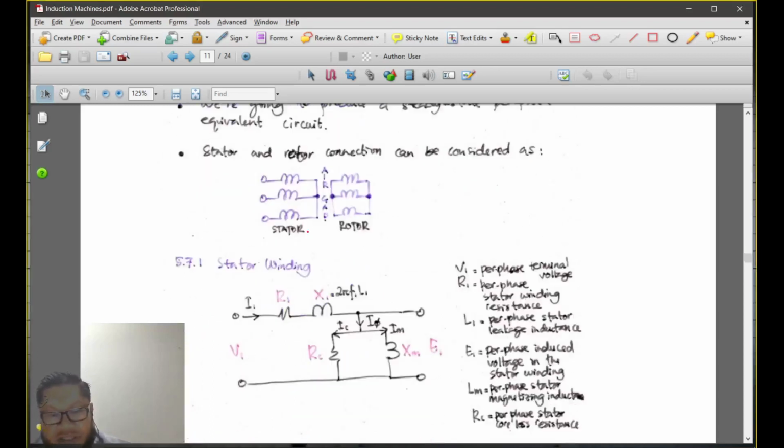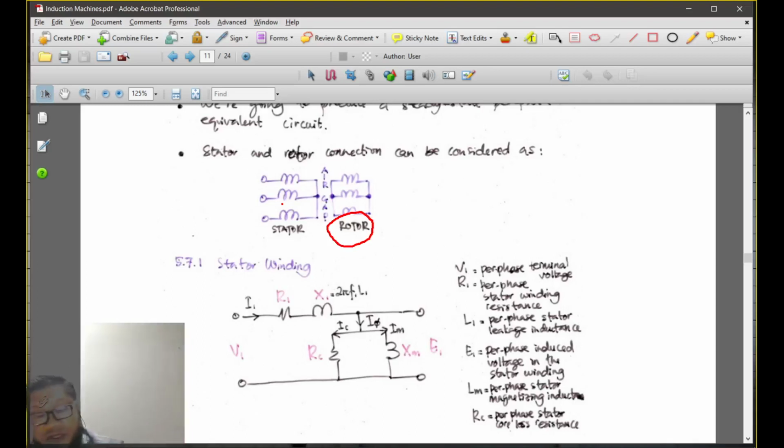For the stator, this is very much similar to a transformer, isn't it? There's an air gap there. In a transformer, we always refer the rotor circuit to the stator circuit, the secondary to the primary. When all parameters and components are referred to the primary side of the transformer, then we do the calculation.